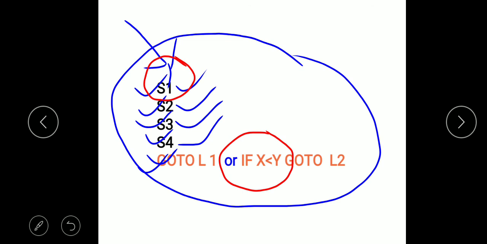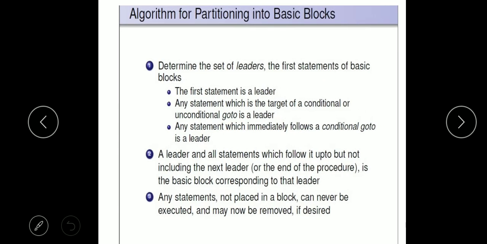Now try to understand how to construct a basic block. Look here, this is the algorithm for constructing a basic block, but I'm telling you in short. Using this method you can easily construct basic blocks for given intermediate code. In order to construct basic blocks, first of all you need to identify all leader statements.